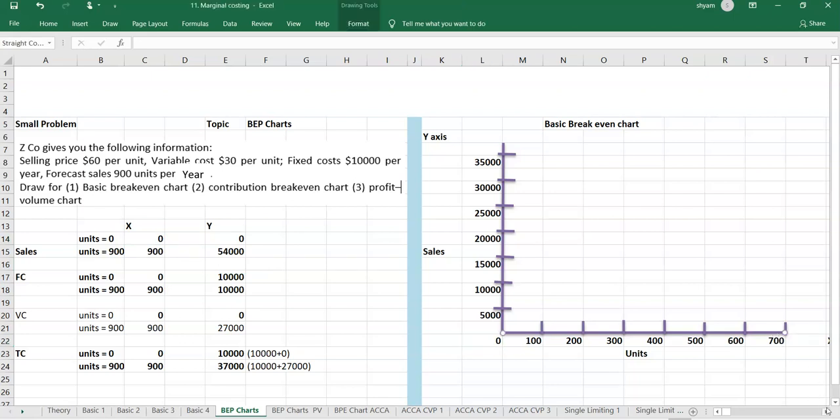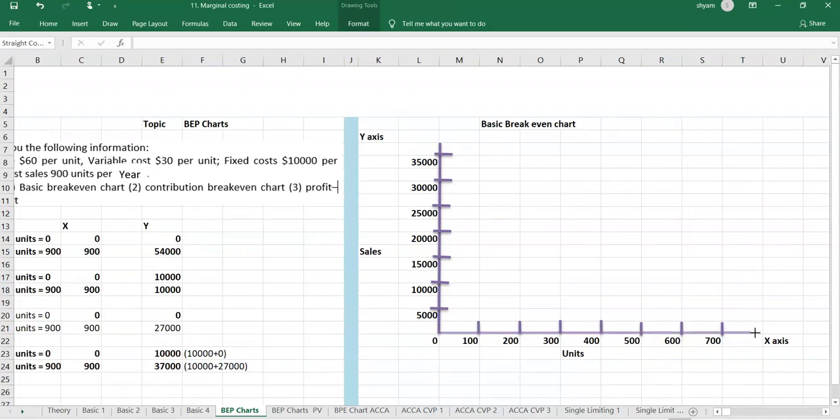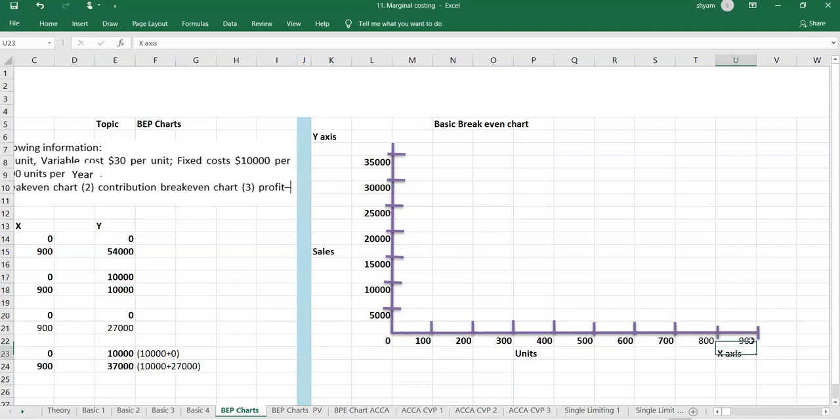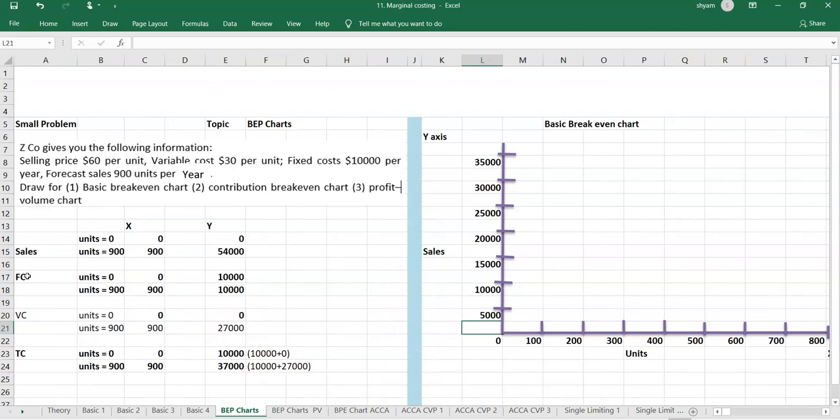If it's not that, you have to extend the chart and create the numbers. So that we have done. On this side, we have to show from 0 to the maximum amount in this table. The maximum amount is 54,000. So let's see how to show it.